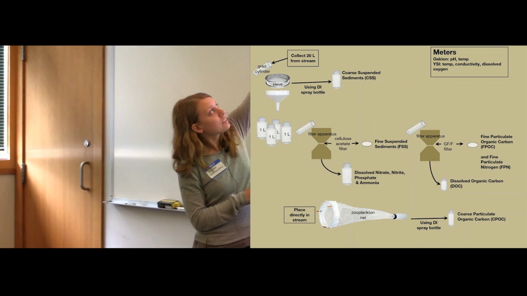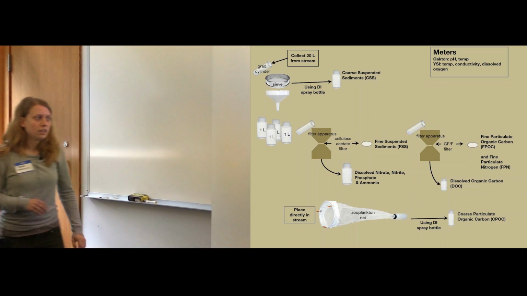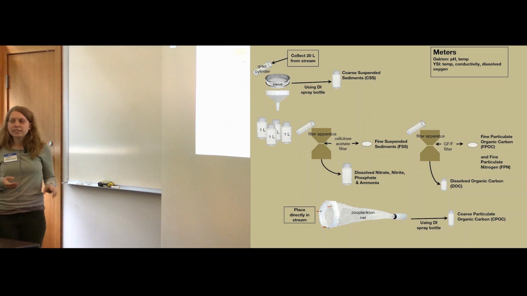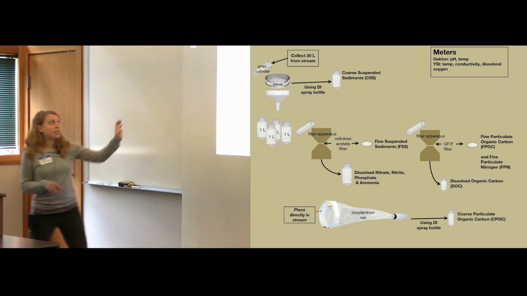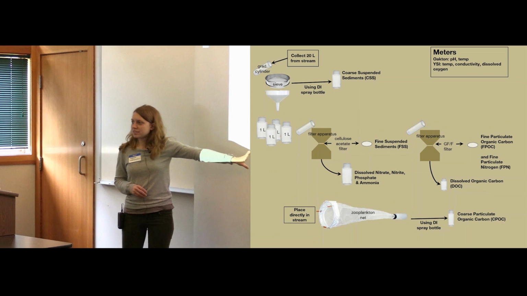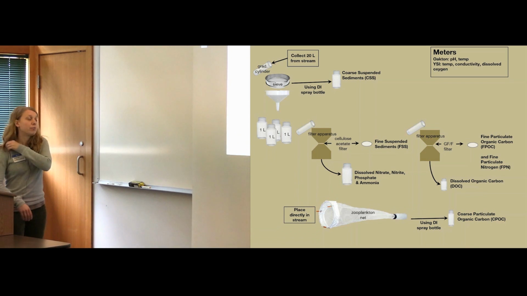And so the combined coarse suspended sediment and coarse particulate organic carbon and nitrogen samples can give us particulate concentrations. So I can get the suspended sediment concentration, then figure out what the C and N content are from this other sample.